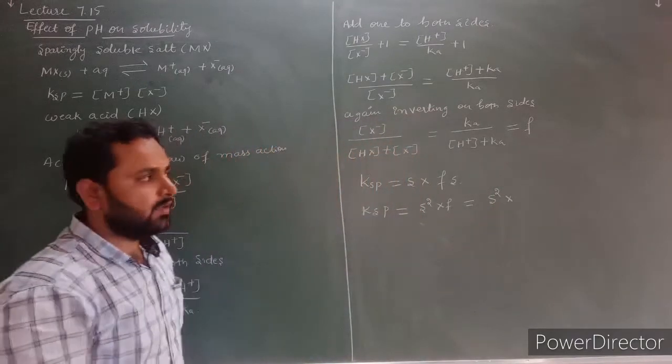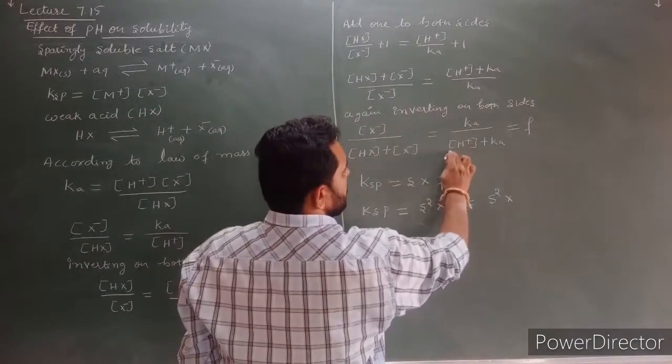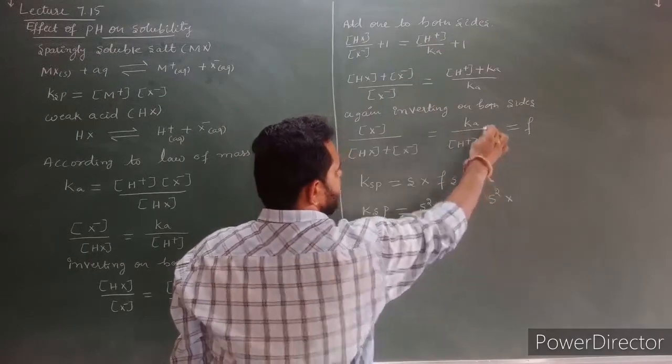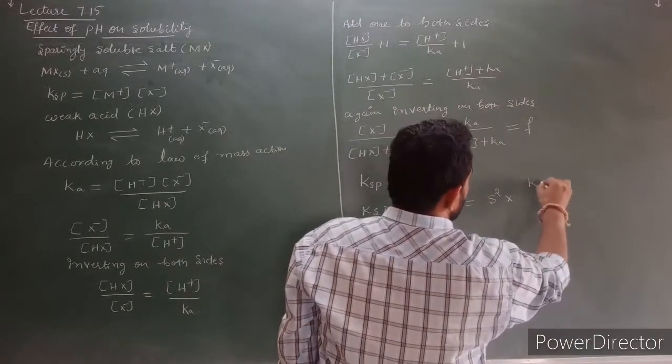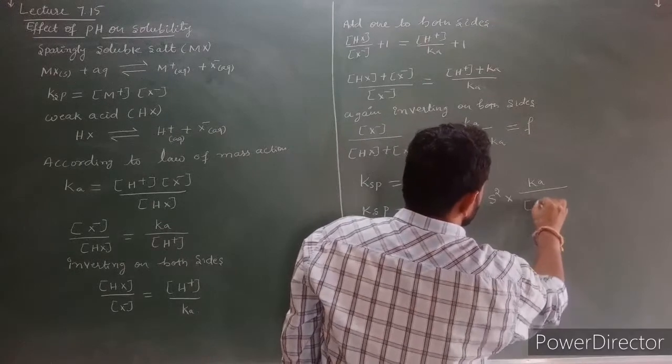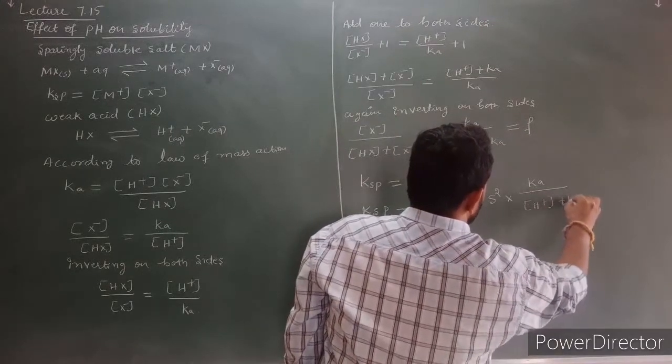F is equal to Ka divided by the molar concentration of H+ plus Ka.